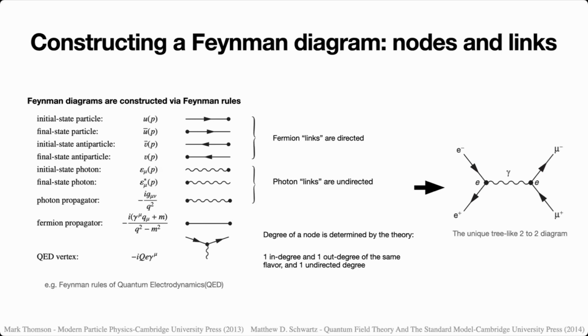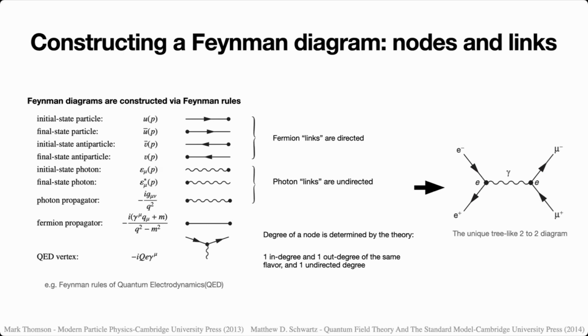For example, the fermion links are directed, which is used to distinguish the fermion and anti-fermion. And the photon links are undirected because the photon and anti-photon are actually the same thing.